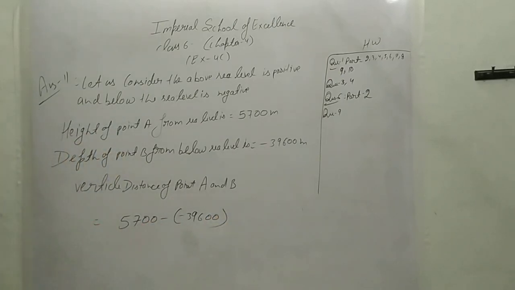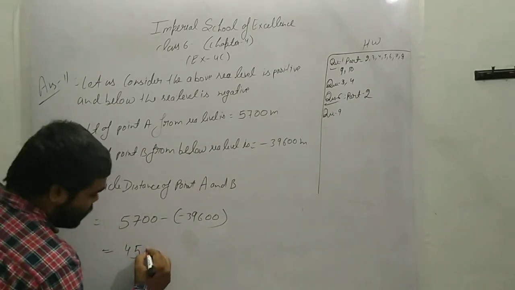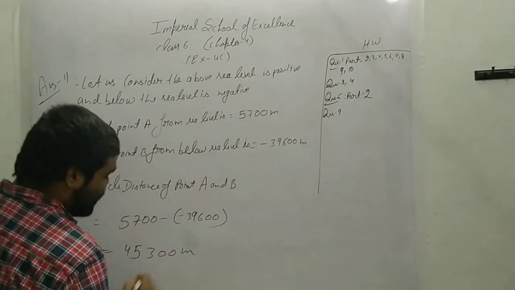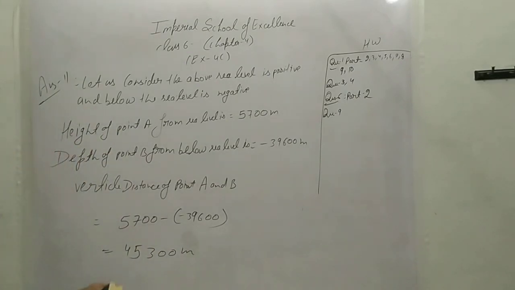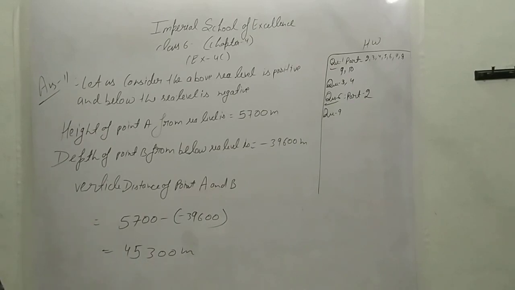Okay, you have to do minus here. After that, your answer would be 45,300 meter. It means when you use the minus sign here, minus and minus plus, it would be 45,300 meter.